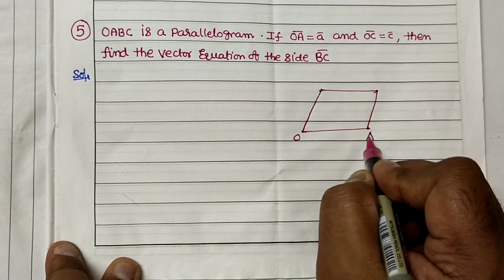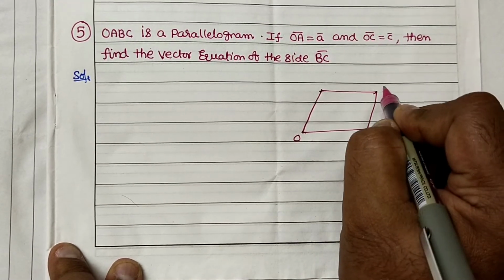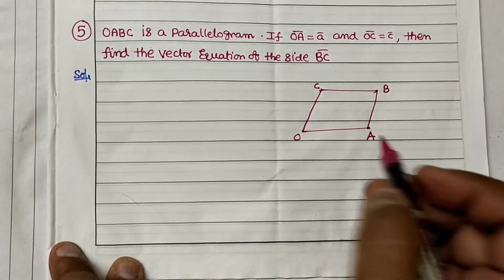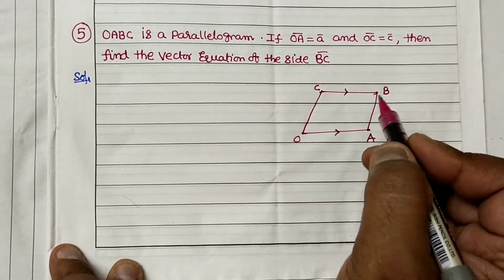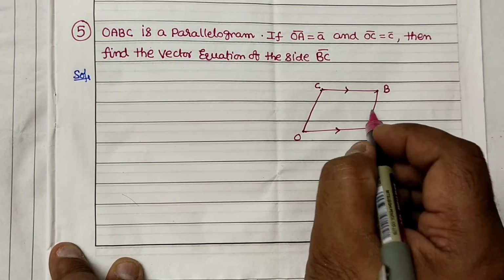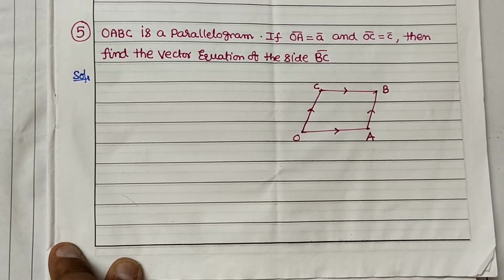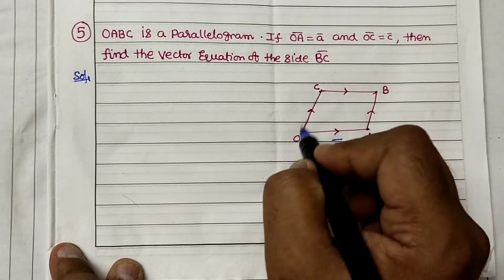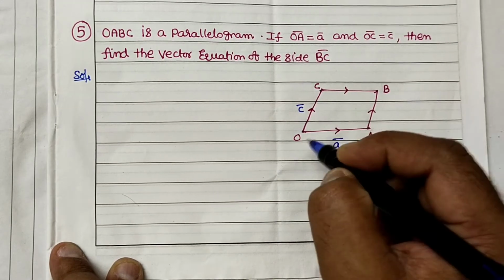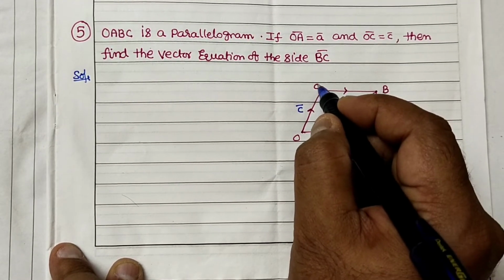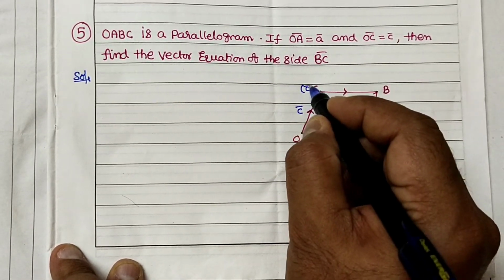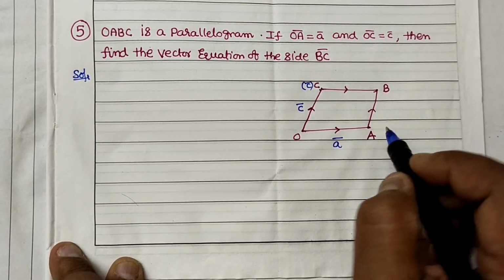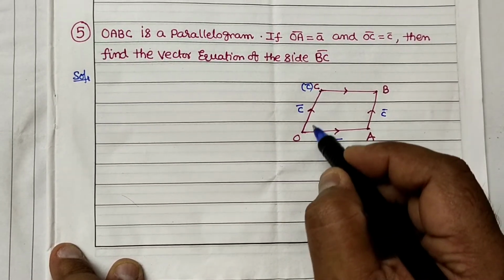O, A, B and C. So here OA is given as A bar and OC is given as C bar. For this C, the point is C bar.